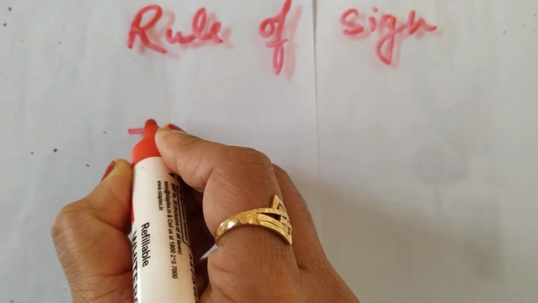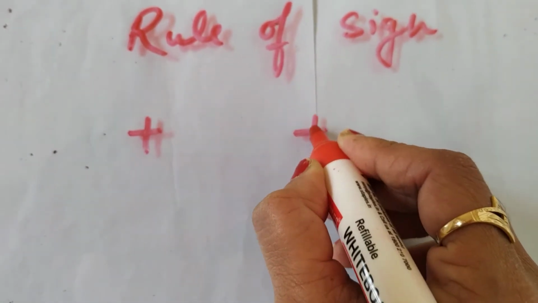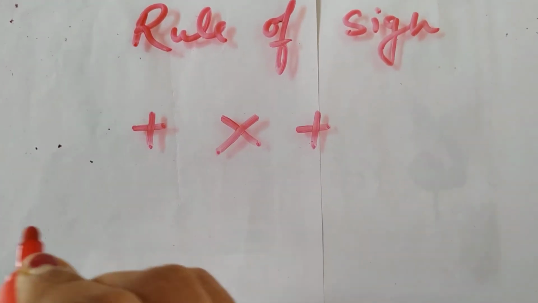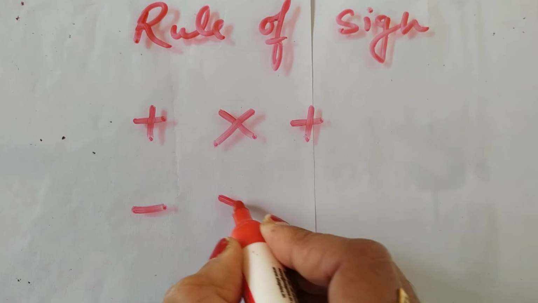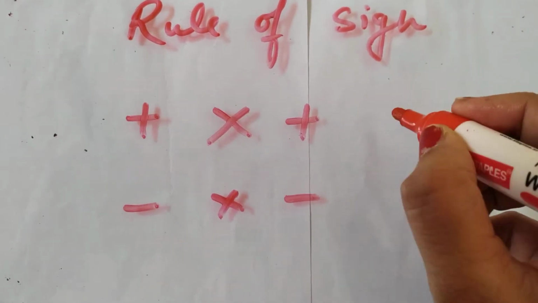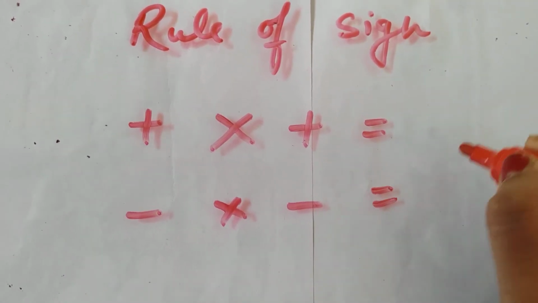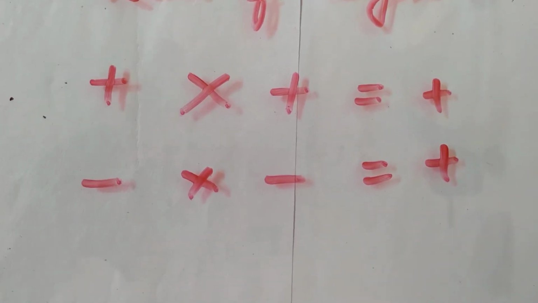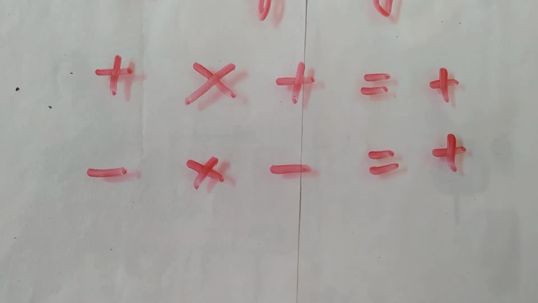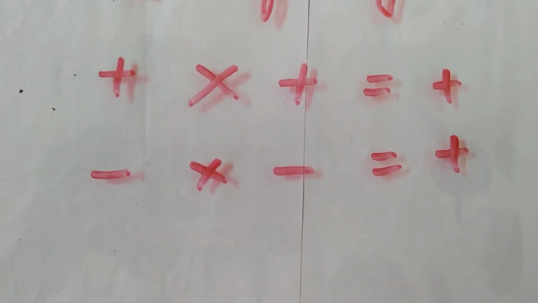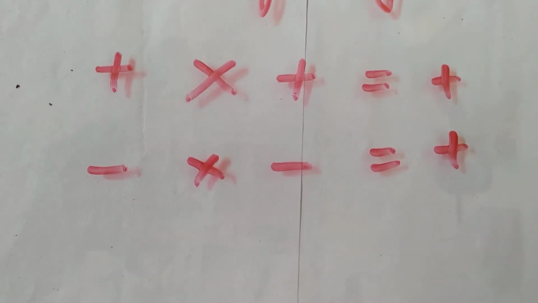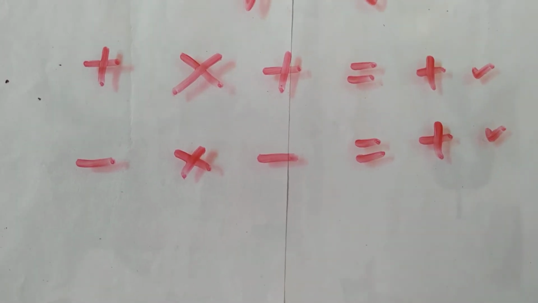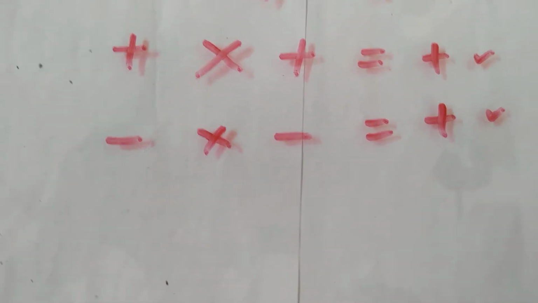Whenever you multiply two positive numbers, or whenever you multiply two negative numbers, the answer is always positive. In simple language, we can say that if we multiply same sign numbers, then our answer is always in positive form.